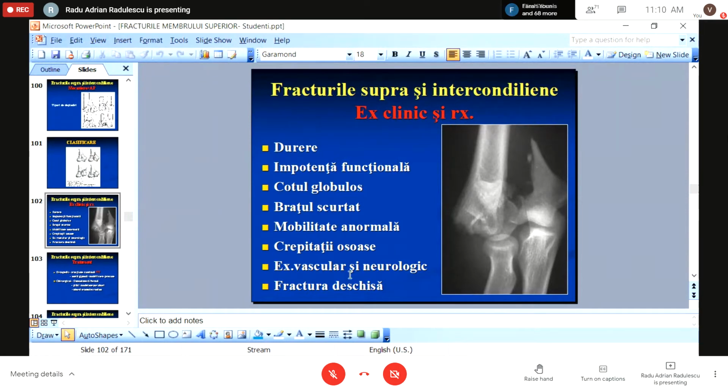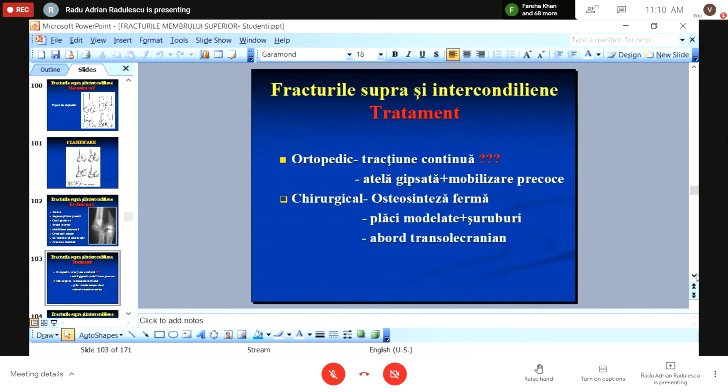And also, we need to accompany our examination by a vascular and peripheral neurological examination. This time, the treatment of these fractures is mandatory to be surgical.